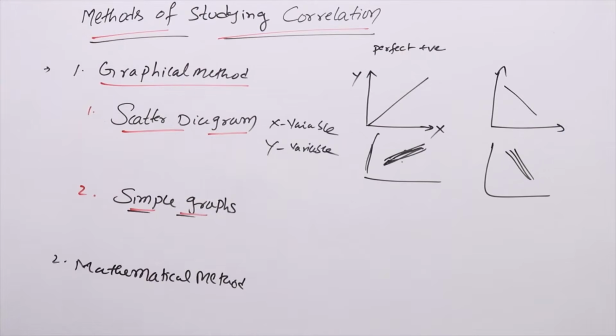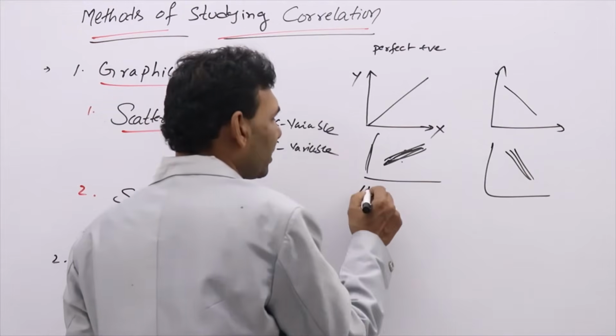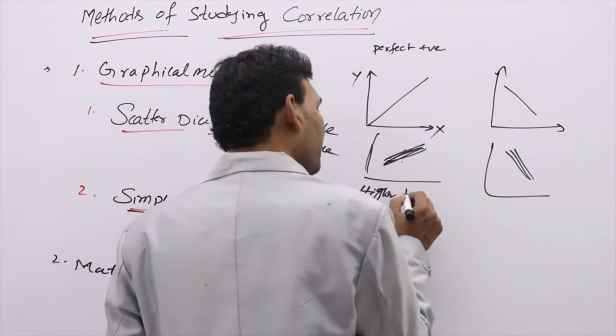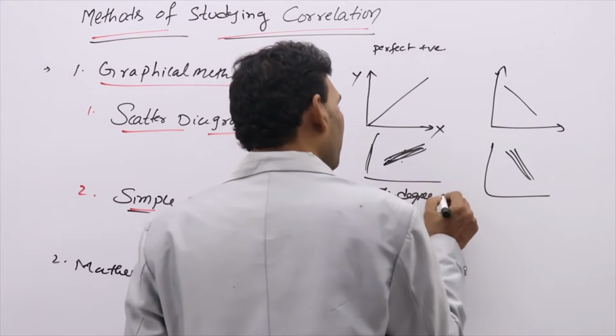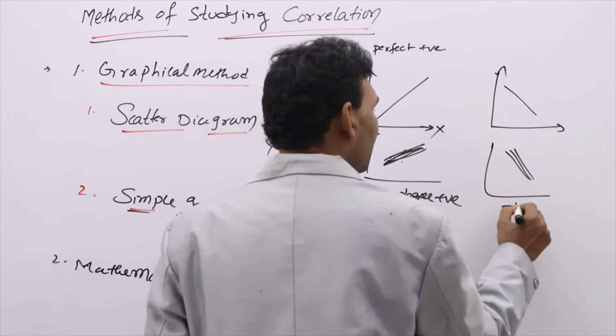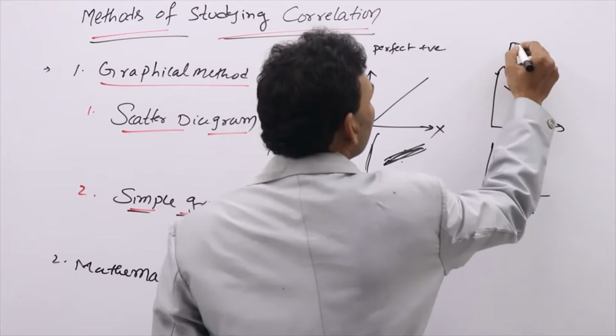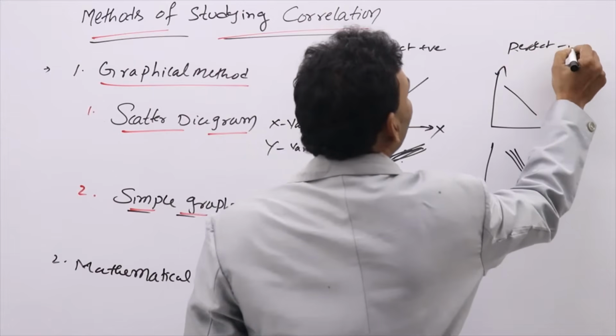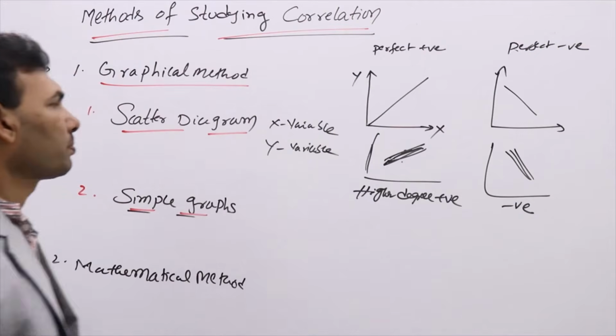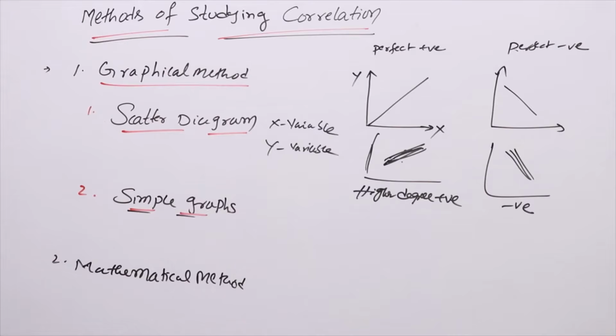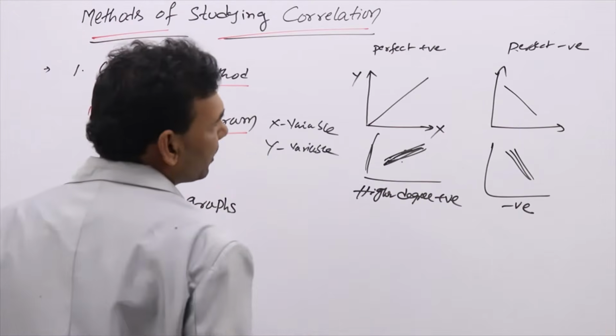That is perfect positive, that one is perfect negative. Here is higher degree positive correlation, this is higher degree negative, and this is perfect negative correlation. Like this, by seeing the graph itself, one can easily decide the correlation between the two.